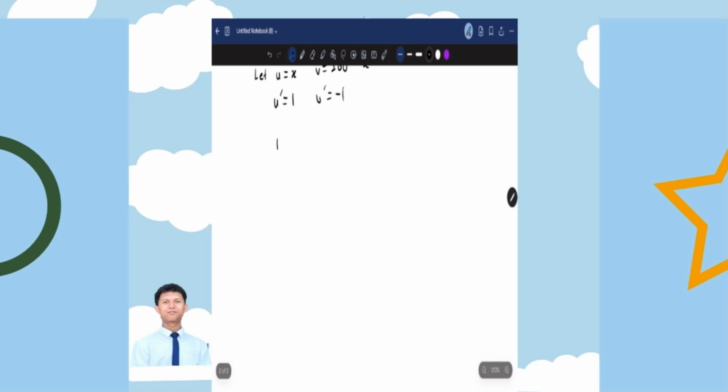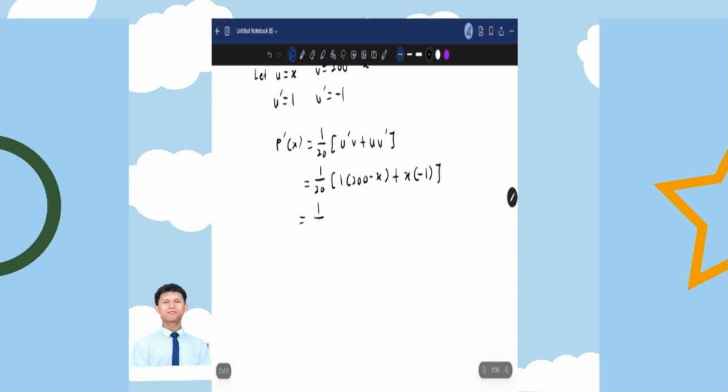Then P prime x will be 1 over 20 times (u prime v plus u v prime). Then we substitute everything into the equation, which is 1 times (200 minus x) plus x times negative 1.